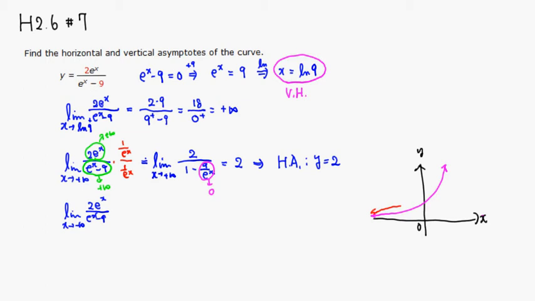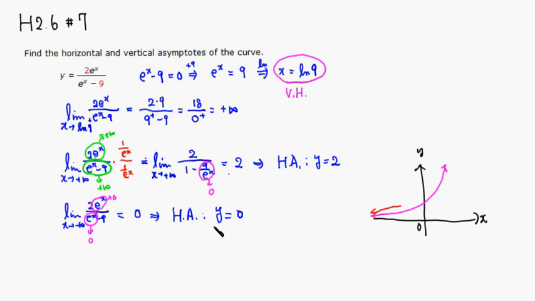So e to the x actually approaches 0. So we don't have to do any trick, so it's going to be 0 over negative 9, which is 0. Which means that you have another horizontal asymptote, which is y equals 0.